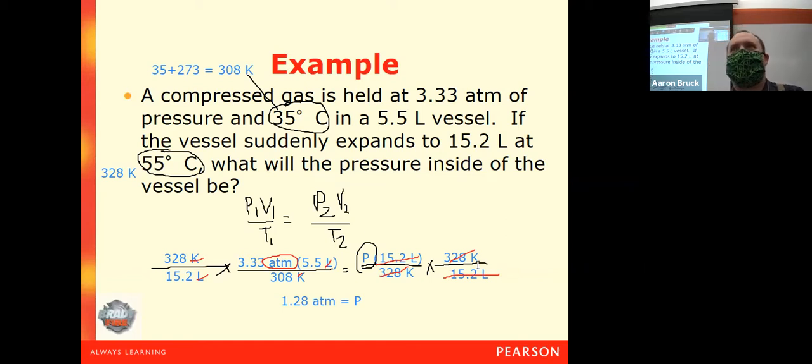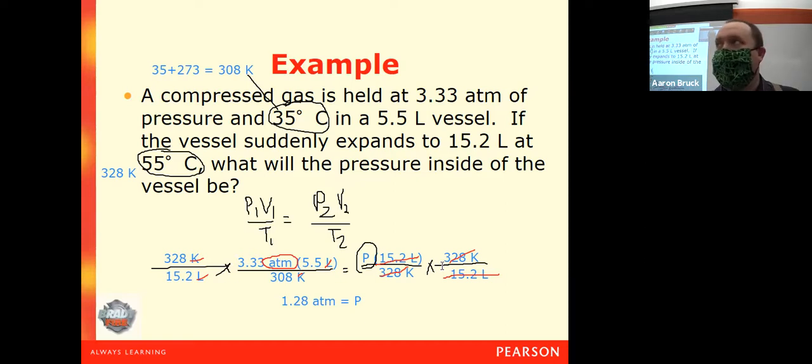It's about 1/15 of the overall temperature. The volume nearly tripled, which means that the pressure would have gone down by nearly a third. So we're comparing a very small difference in temperature to a very large difference in volume. We would have expected the pressure to go down, which it did.